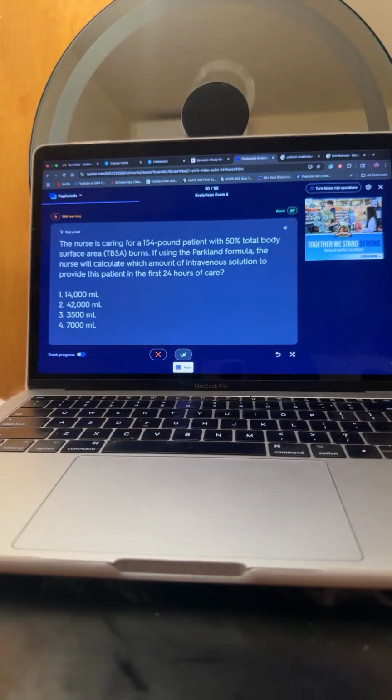Ugh, not more math. So this one I actually do remember the formula for. The nurse is caring for a 154-pound patient with 50% total body surface area burns. If using the Parkland formula, the nurse will calculate which amount of IV solution to provide this patient in the first 24 hours of care.